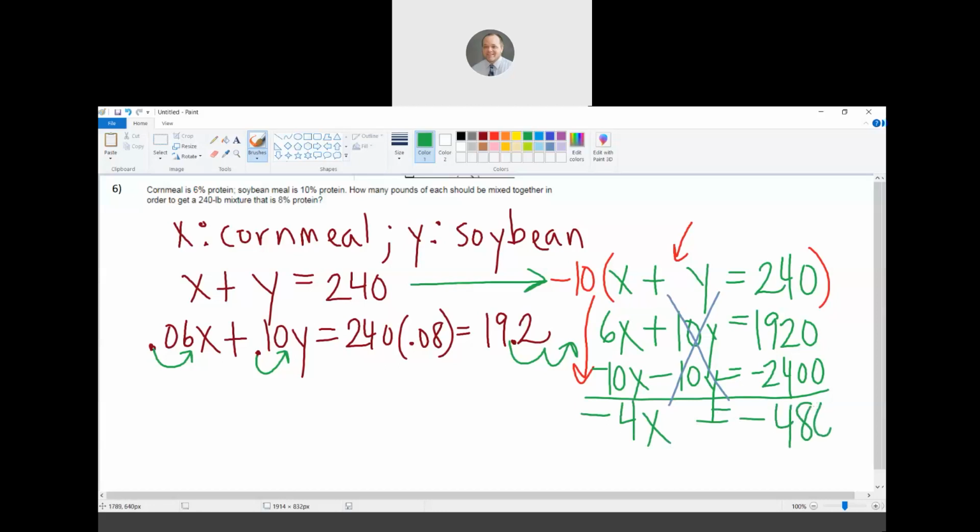And that gives us negative 480. Divide both sides by negative 4. X is equal to 120 pounds. That's the amount of cornmeal that's needed.